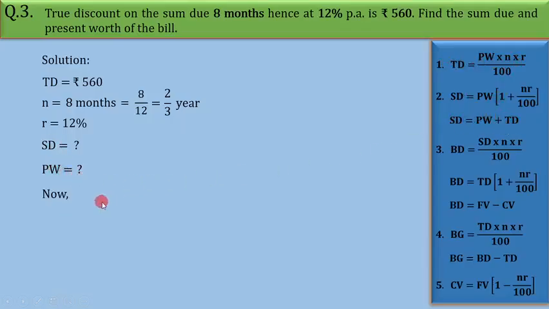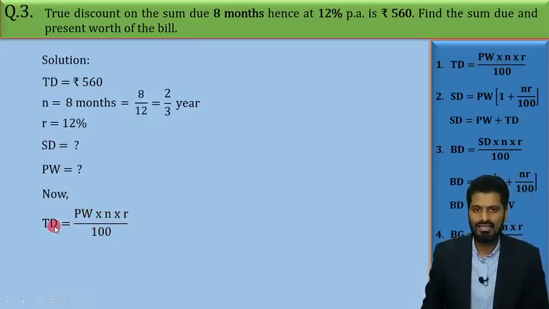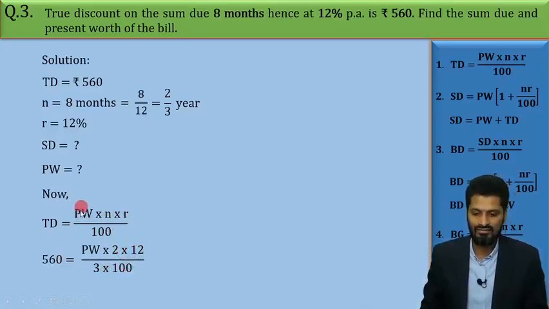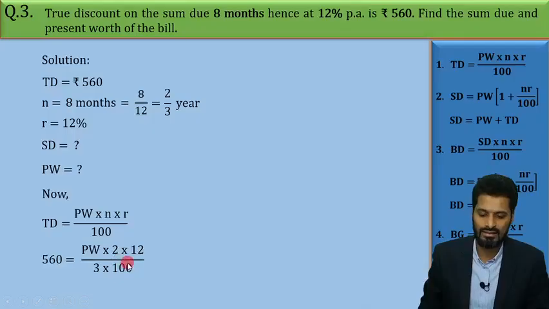So formula number 1 and formula number 2 are to be used one by one to get the respective values, correct? So let's begin with formula number 1, that is TD equals PW into N into R upon 100. Now TD is given as 560, PW is unknown, N is 2 by 3, R is 12%, 12 upon 100, correct? We have simply substituted the values.